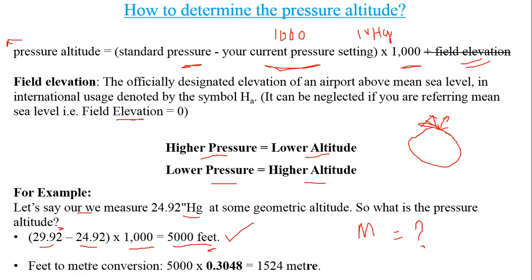The feet to meter conversion needs to be known by the student in order to answer this question. If we obtain 5000 feet and multiply it by 0.3048, we will obtain the SI unit of the answer, that is 1524 meters. Now let's cross check this with the standard atmosphere model's answer.